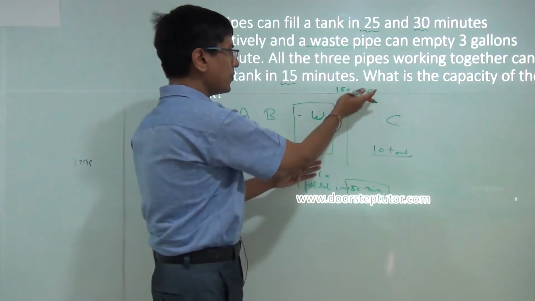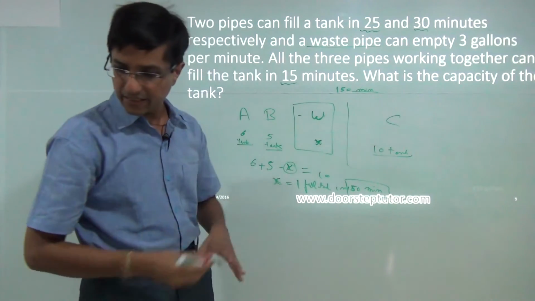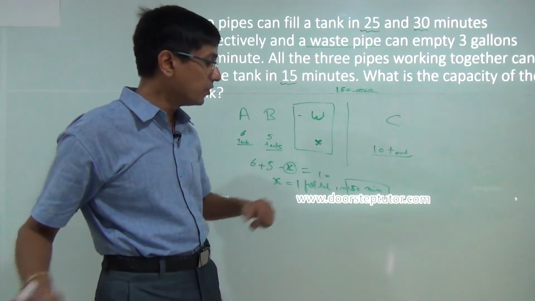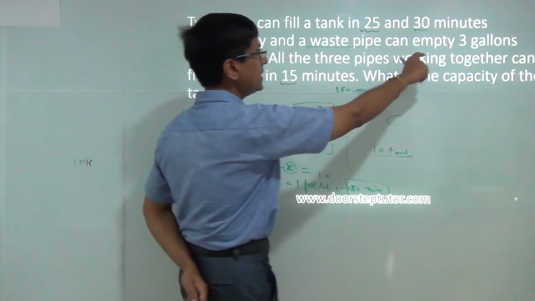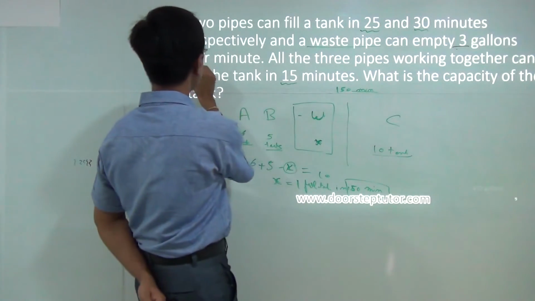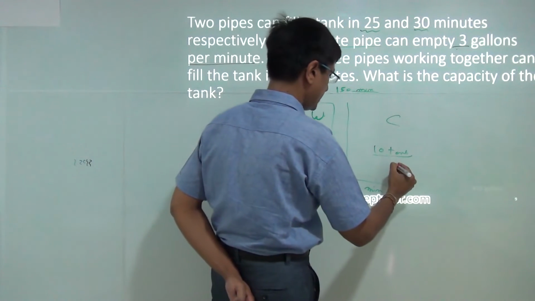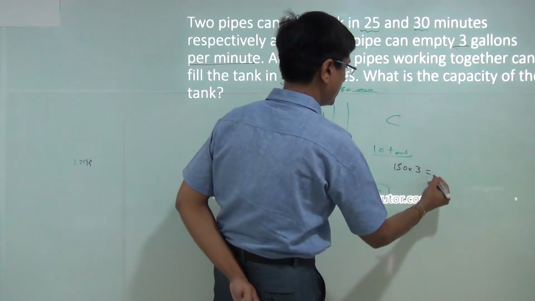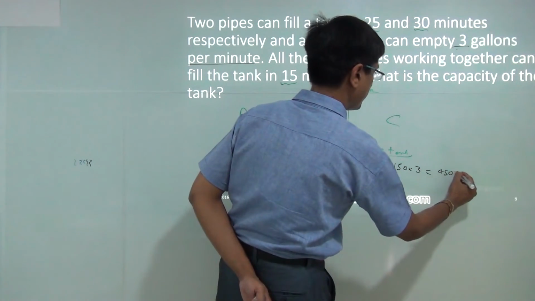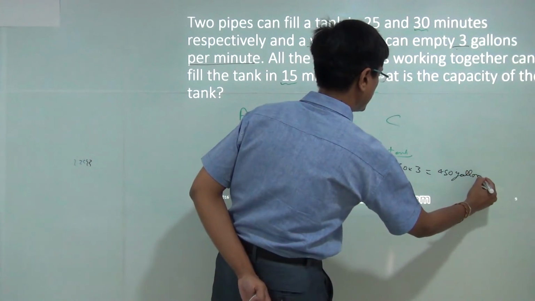Now I know the amount of time the waste pipe takes to empty the tank. I also know the rate at which it is doing that. So can I arrive at the capacity? Yes, I can. The capacity is 150 into 3, which is equal to 450 gallons.